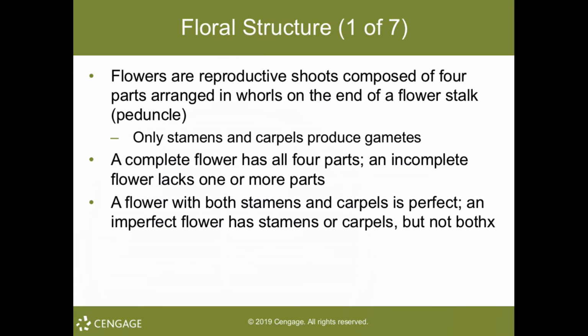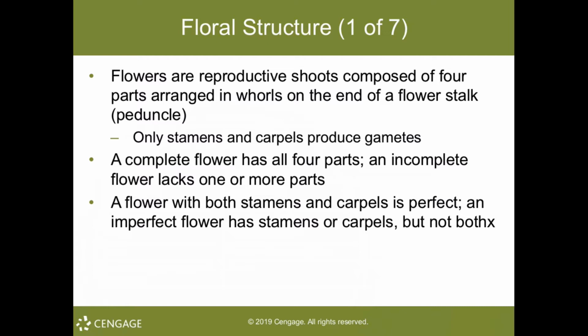I'll now get on into reproduction of the flowering plant. If you use your textbook, you can see examples of these. I would say especially pay attention to figures 28.9 and 28.10. That's where I am now. Let us begin. Flowers are reproductive shoots. I say again, flowers are reproductive shoots, typically composed of 4 parts.